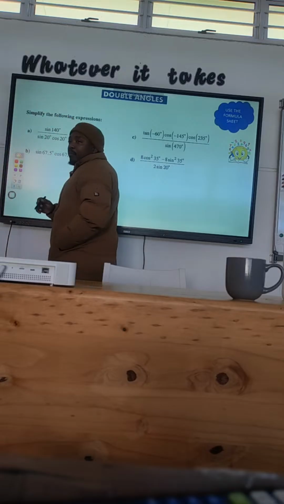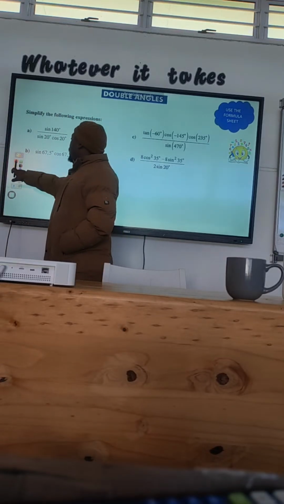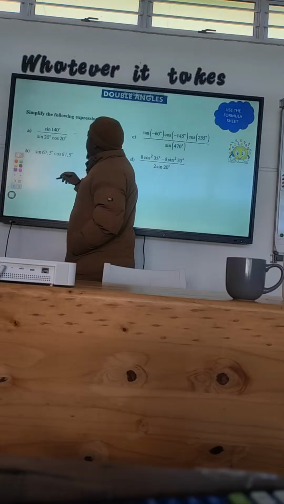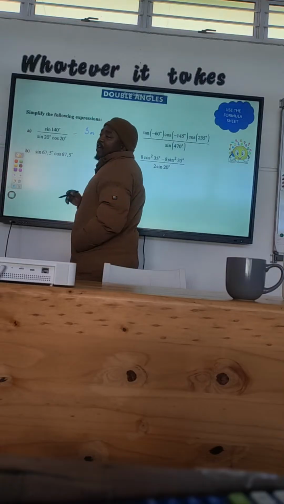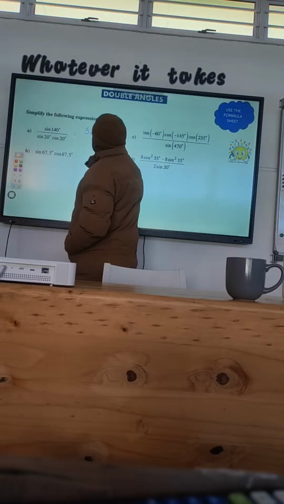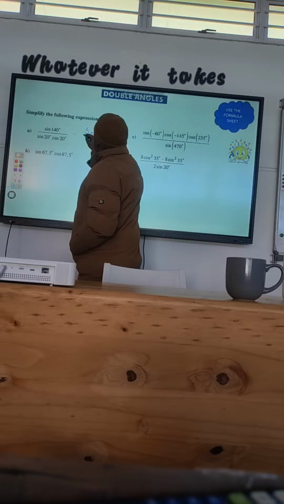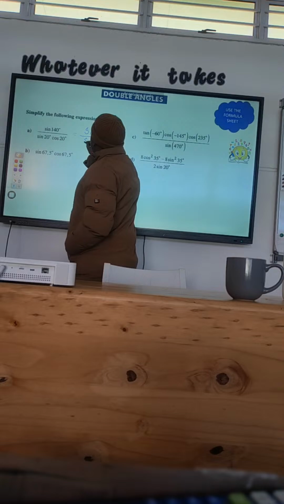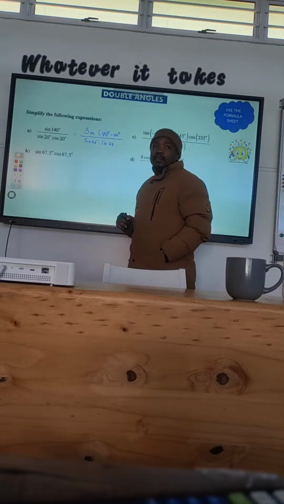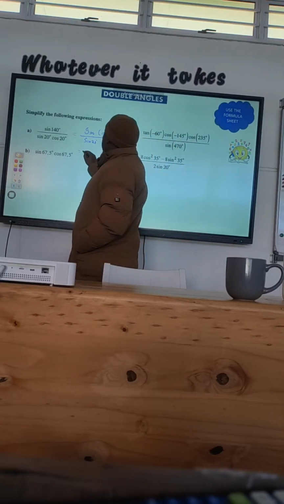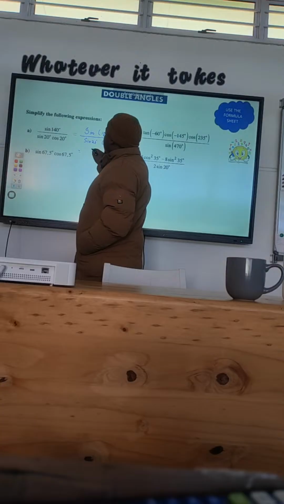Let me just use blue, so that it can be accurate. And then I'll simply have second quadrant, sine is positive.